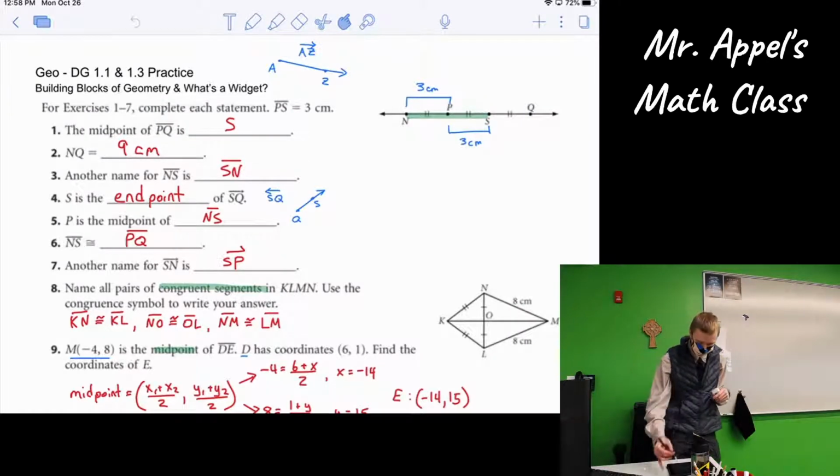Questions on the first page of answers here? Fairly straightforward with the names.